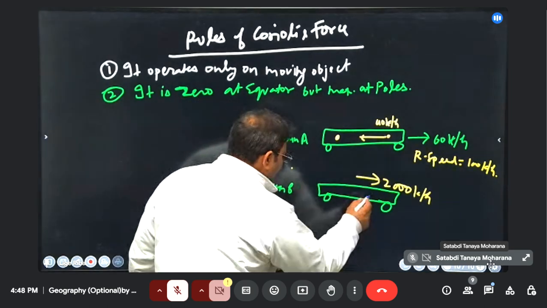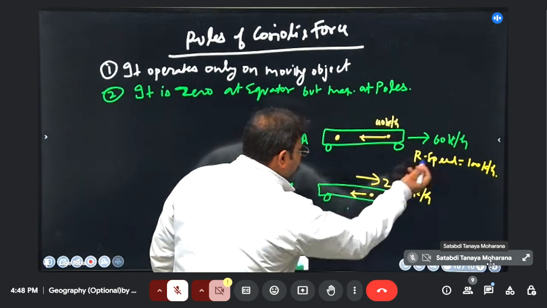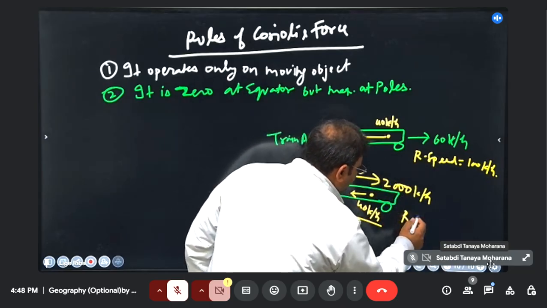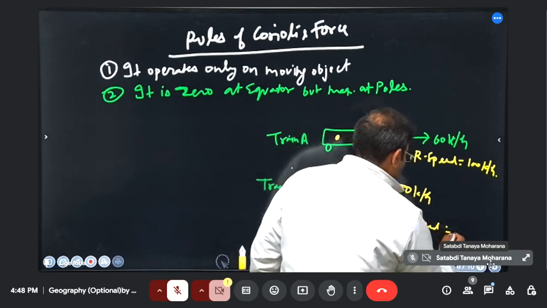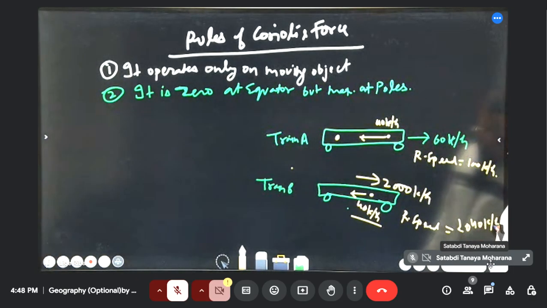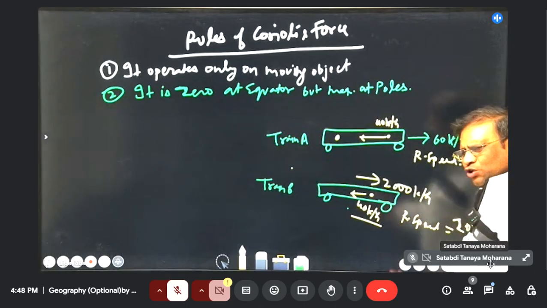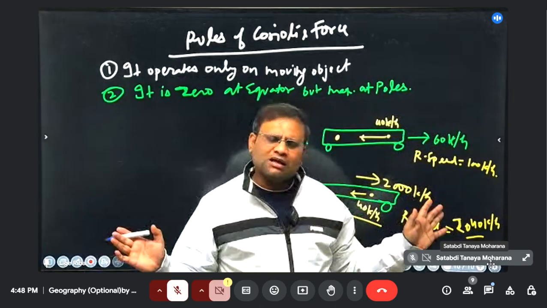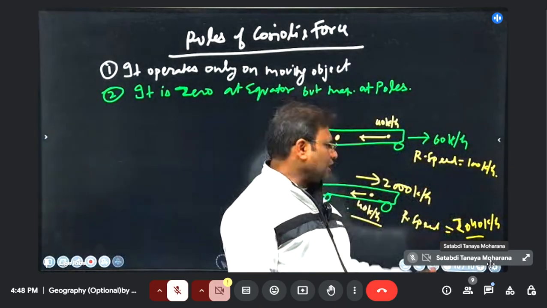And a person in it is moving in the opposite direction with the same 40 kilometer per hour. What is the relative speed? Same thing, 2000 plus 40, 2040 kilometer per hour. Are 2040 and 2000 very different numbers? No, they are very close to each other.